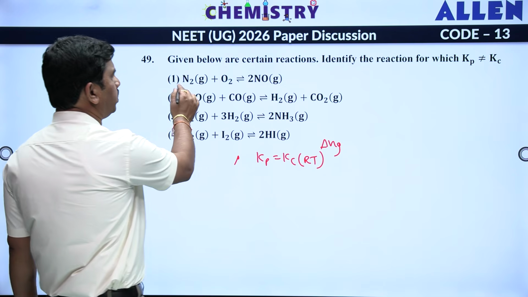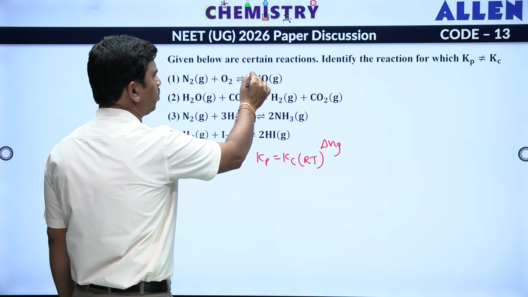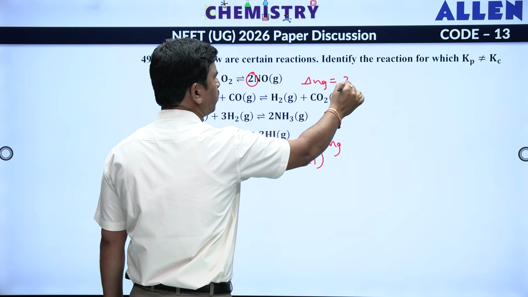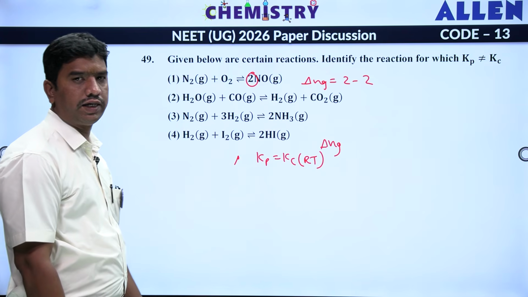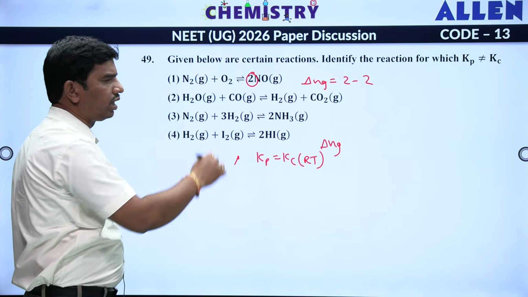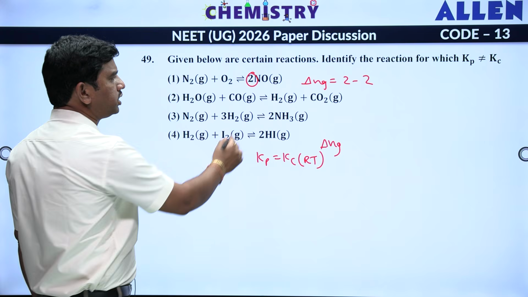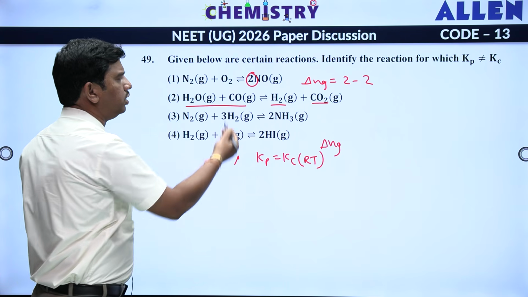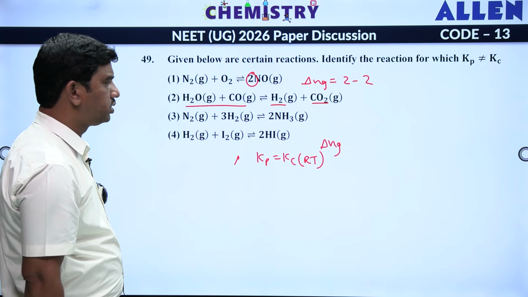So here, in the first one, delta Ng is the number of moles of products minus the number of moles of reactants, that is 0 only, because all are gases here. Even in the second equation all are gases. This is 1 mole and this is 1 mole, products are 2 moles, and here reactants are 2 moles, 2 minus 2, once again 0.